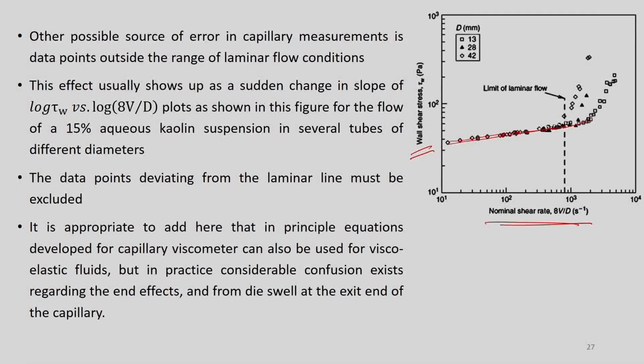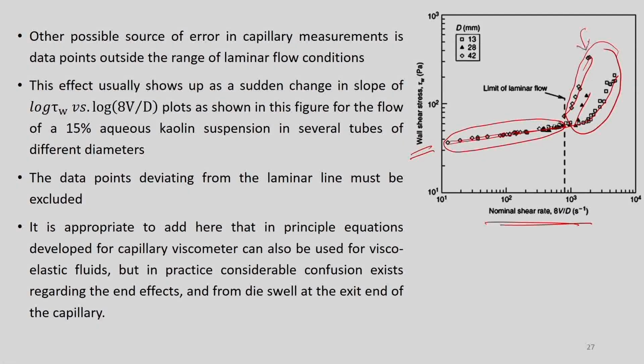After this point, you can see a sudden change in slope. This change in slope can be seen for different diameters also. Before that, all diameters have almost the same values, following the same line. After this, the sudden change in slope is there.